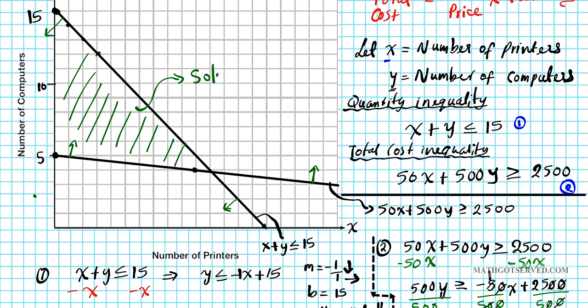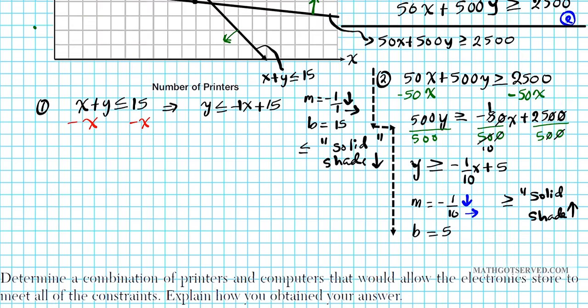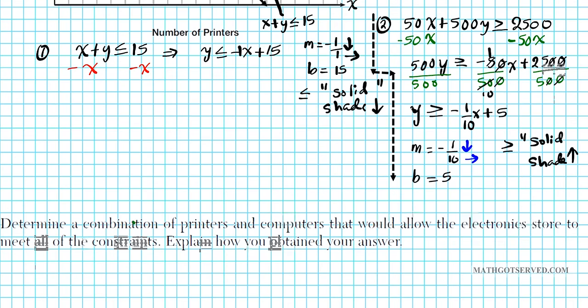Well, what does that mean? It means that any coordinate pair in this interval will satisfy the system. It could be on the line, on the boundaries, or on the interior. Okay? All right, so let's move on to the next question. It asks, determine a combination of printers and computers that would allow the electronic store to meet all of the constraints.